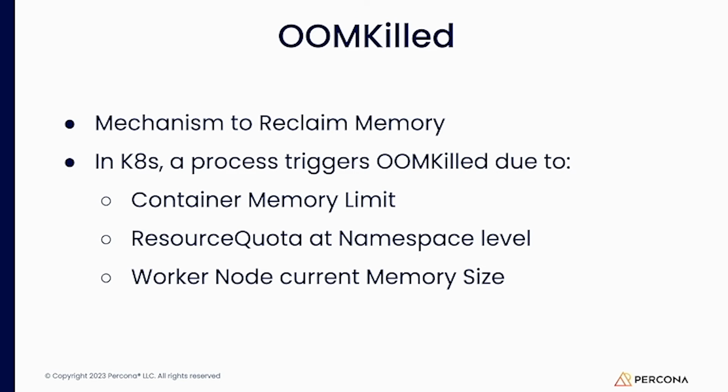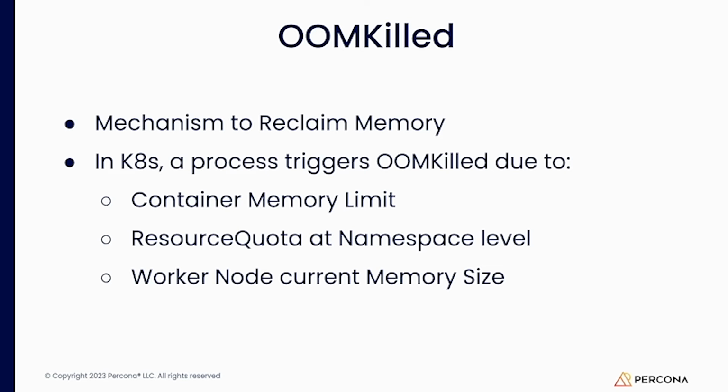In Kubernetes, a process triggers out-of-memory kill if you reach the container memory limit. Let's say you have 50 gigs for a particular pod, and your process inside the pod allocates more than 50 gigs, it will be terminated, right? Another situation is when you have a resource quota at namespace level.